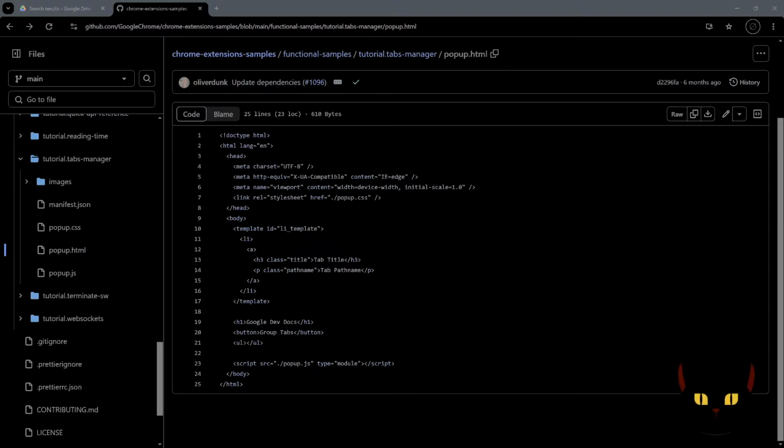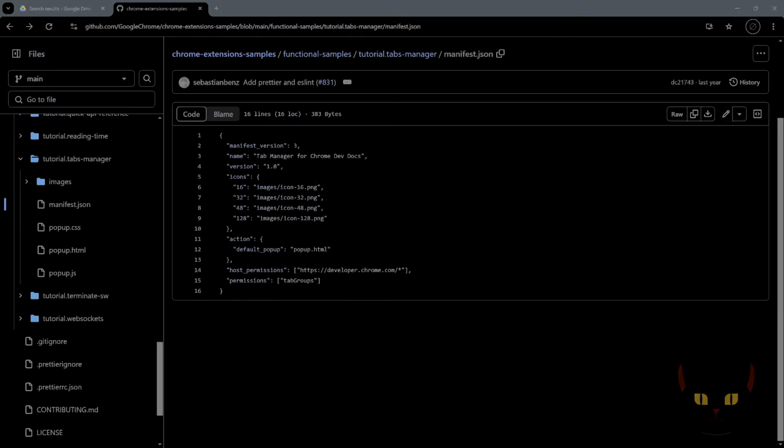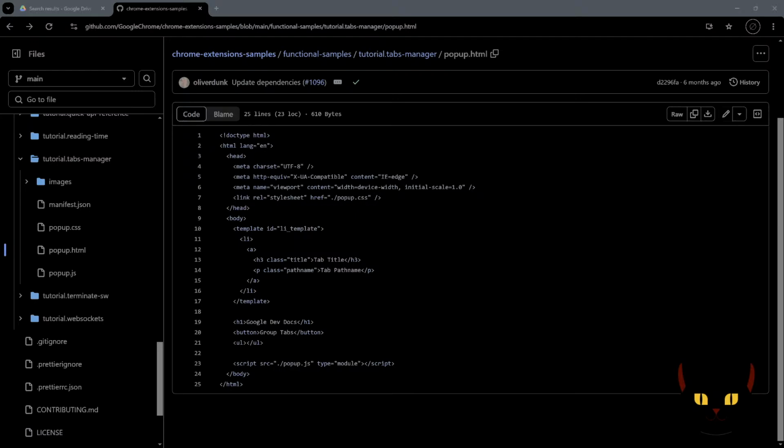Whoever has a description of what it does, Tab manager for Chrome DevDocs is vague. I don't understand.